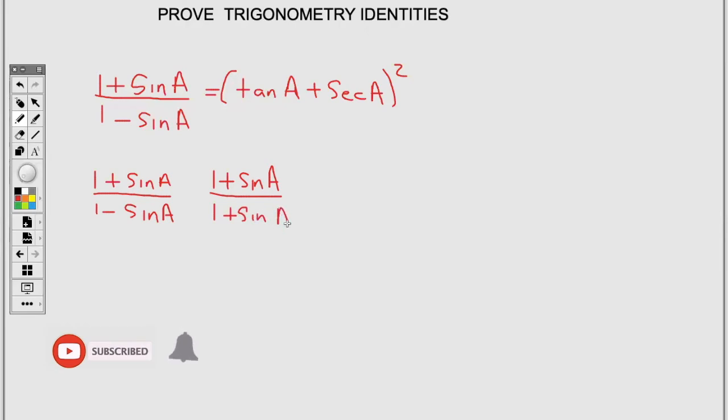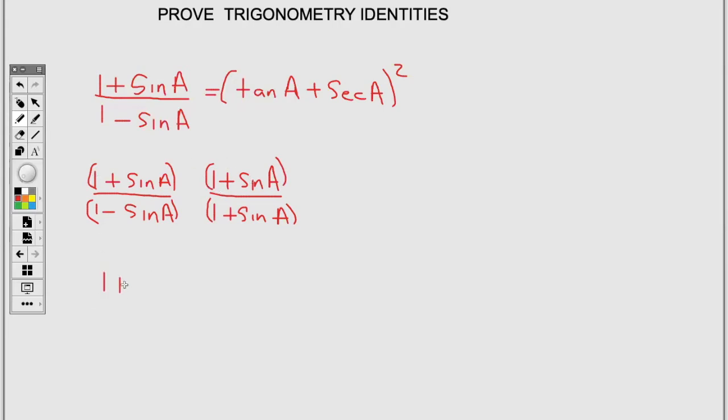The main reason is that I don't have a denominator on the right hand side, so I'm trying to get rid of the denominator that we have on the left hand side. So I multiply by the opposite sign, which is 1 plus sine A.